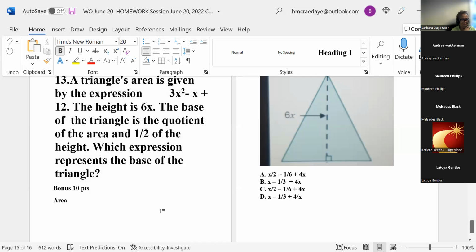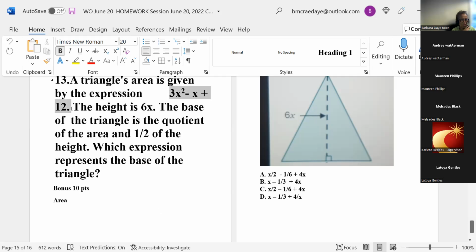The height is 6x. The base of the triangle is the quotient of the area and half of the height. Which expression represents the base of the triangle? So I said 3x squared minus x plus 12 and 6 over 2. That's how I do it.